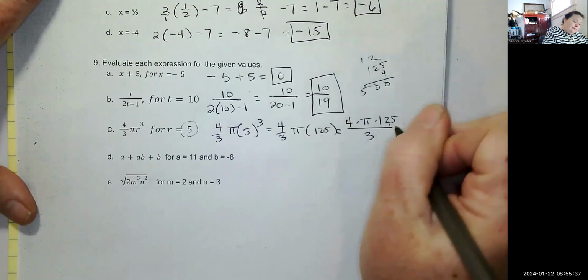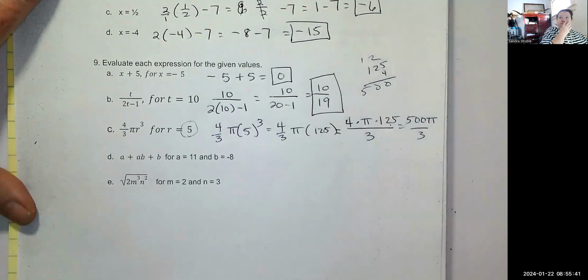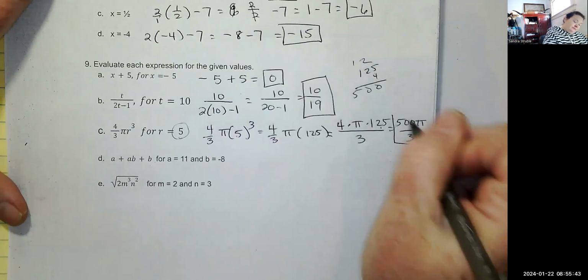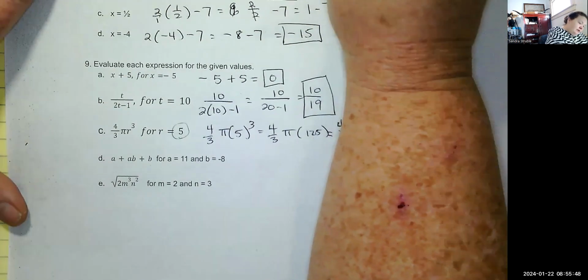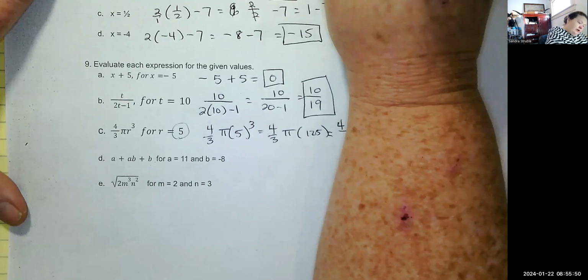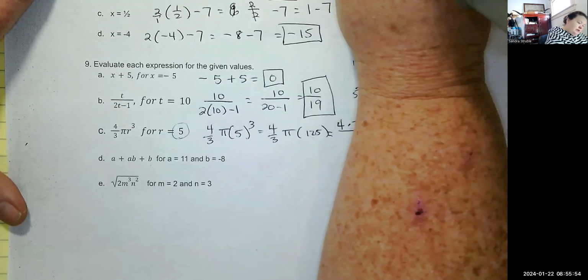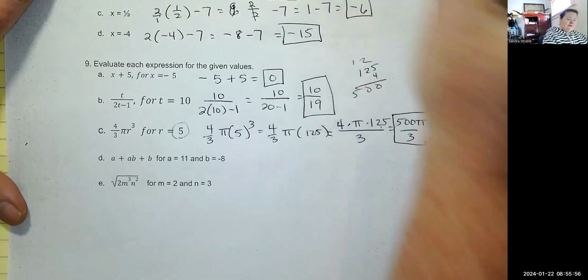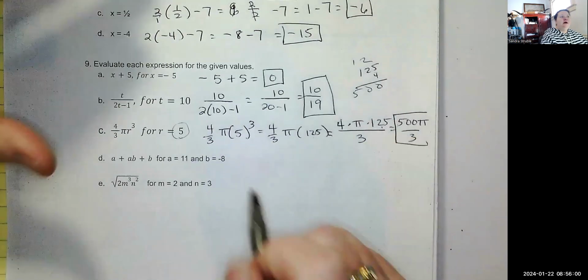So that's 500 pi over 3. Make sure that 3 doesn't go into 500. Just to verify, 3 goes into 20 6 times. It's going to give you the same thing. It's just going to be a continuous decimal. It's not an exact number.